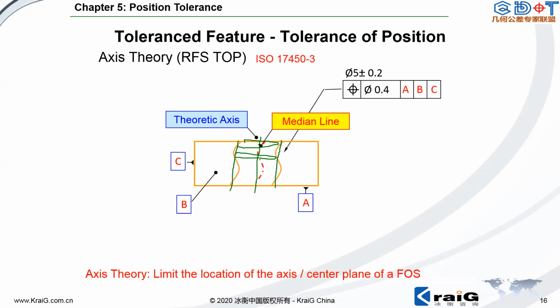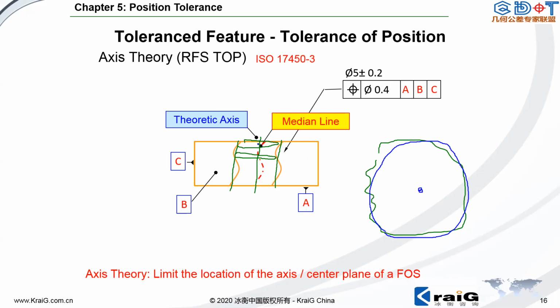Theoretically, this circle needs to be constructed because in each section the circle may not be perfect, right? Next, you construct another circle with the least squares method. Then you get this center point.